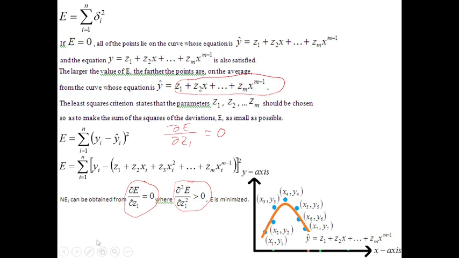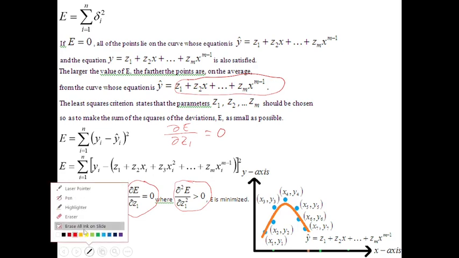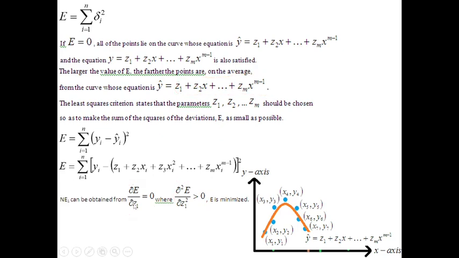So, later we'll have some example, no? And then, the second normal equation can be obtained by setting del E over del Z sub 2 equal to 0. Okay? Sorry, it's del E over del Z1, it's not delta.